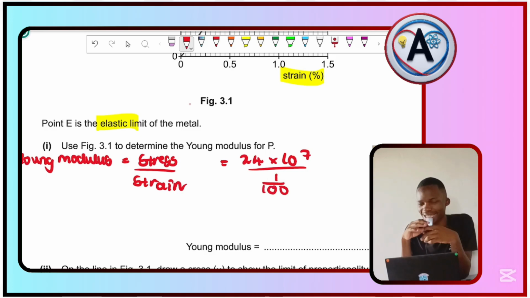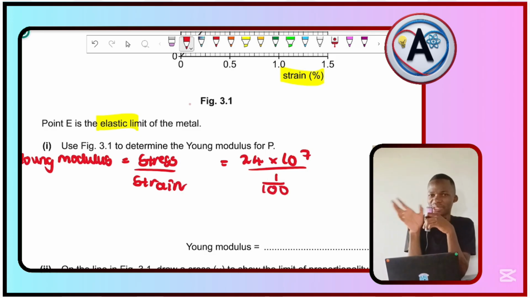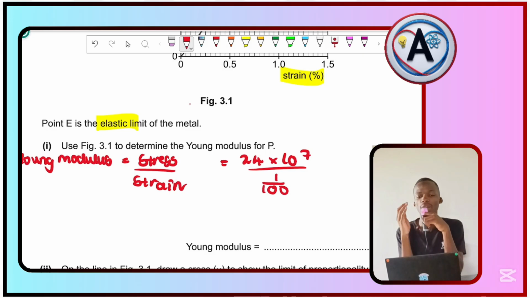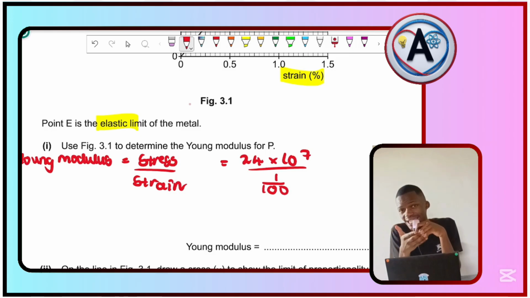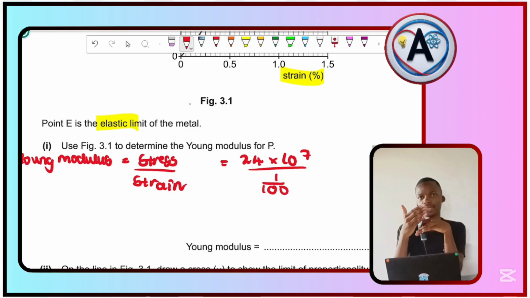I think I didn't tell you guys. I don't think you were ever taught this. I don't understand why textbooks do this. But whenever you're given strain in percentages, right, 5%, 10%, don't use it as it is. Strain is a ratio between extension and original length, right? So if they give you a percentage, 1 over 100, what it's telling you is essentially that 1 over 100 is the ratio itself between the extension and the length.